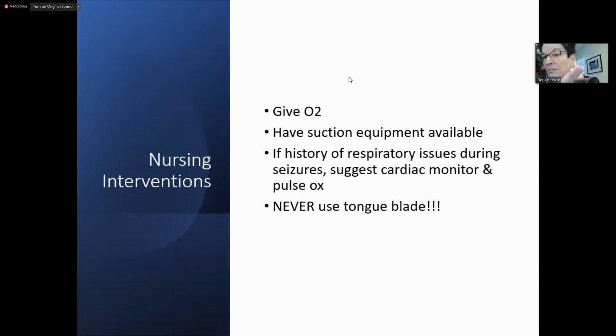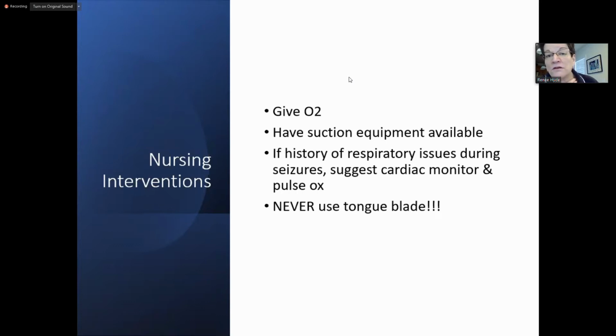I will set up an oxygen supply. The other thing I will do is pad the side rails of that bed with seizure pads, okay? You don't want to take bedspreads and wrap them around the side rails.